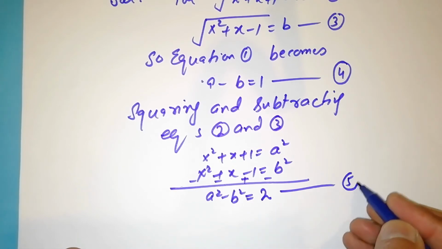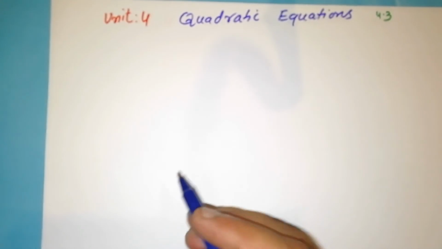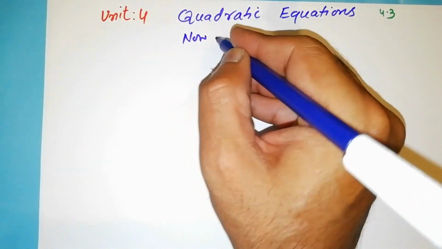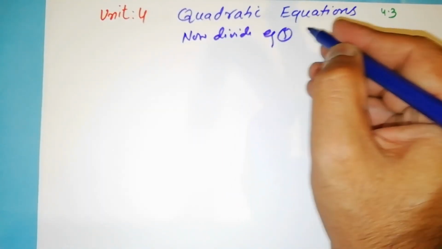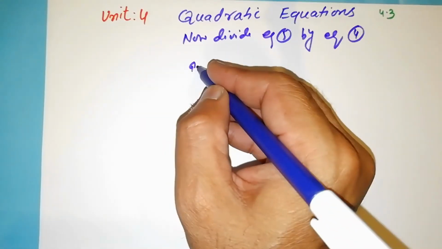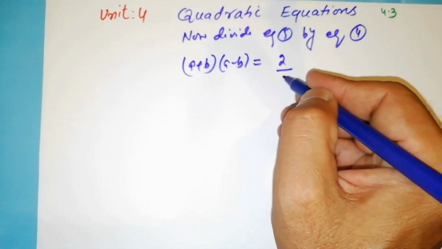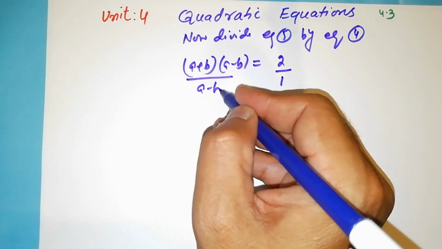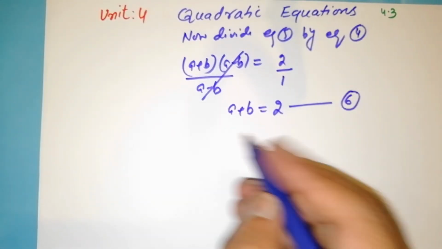This is equation number 5. Now divide equation 5 by equation 4. So A plus B into A minus B is equal to 2 divided by 1. Here A minus B will be cancelled. So A plus B is equal to 2. This is equation number 6.